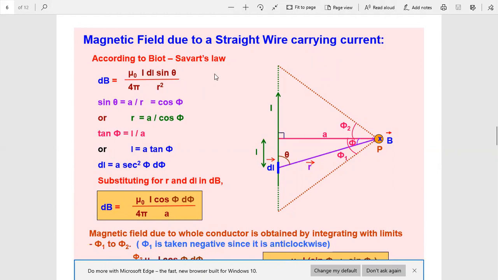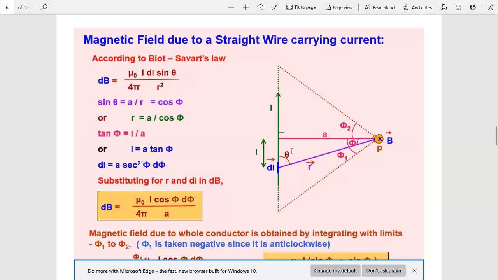According to Biot-Savart law, we take an infinitely long current-carrying conductor, and we have to find out the magnetic field at point P due to this infinitely long current-carrying conductor.